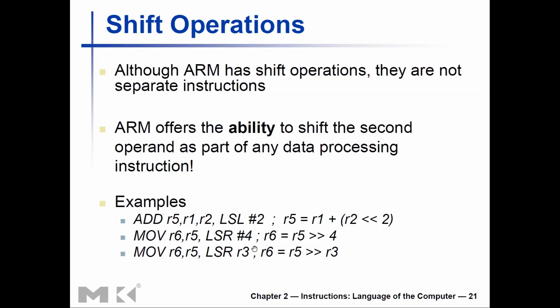For example, in this example, it's stored in R3. So R5 is shifted R3 times. R3 is a value stored in another register. Hope you got the idea. Clear?